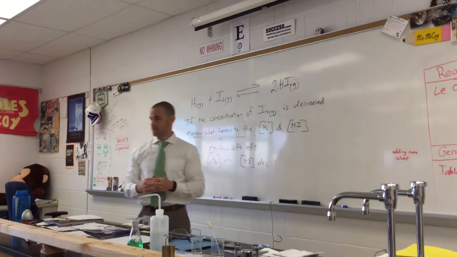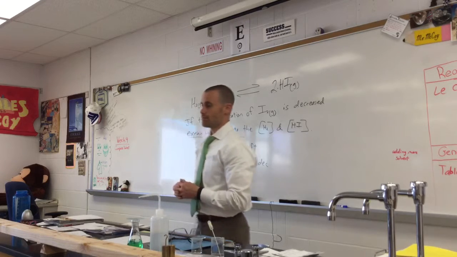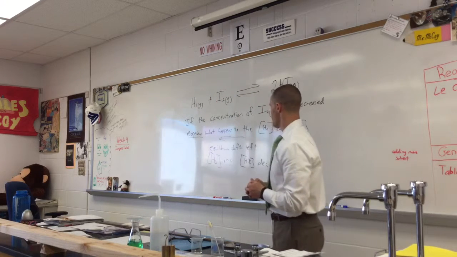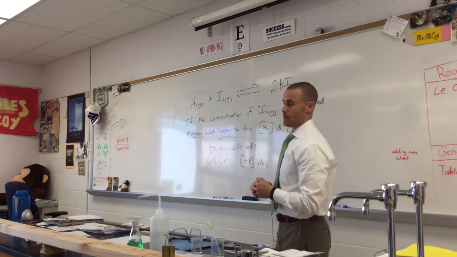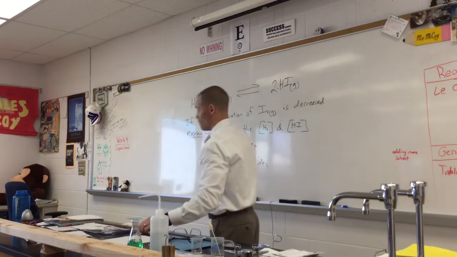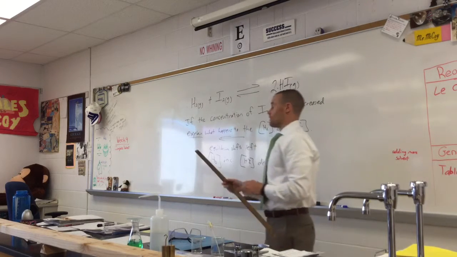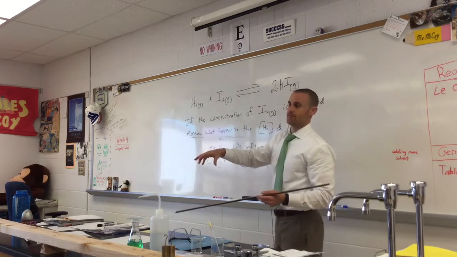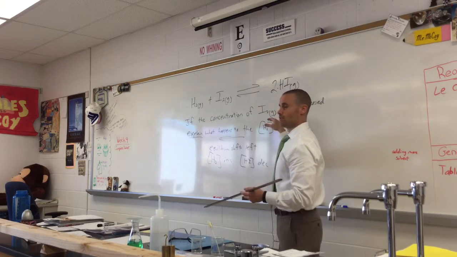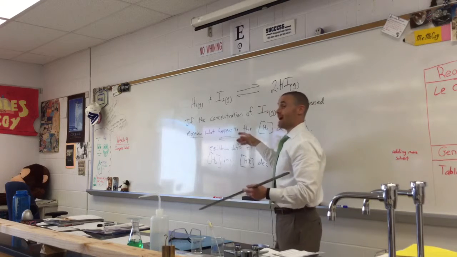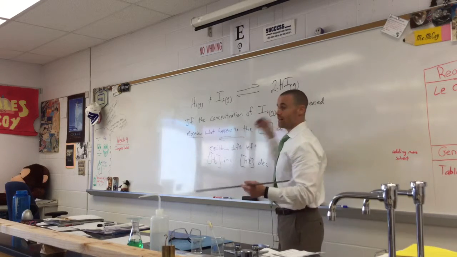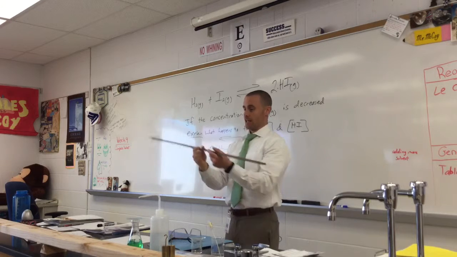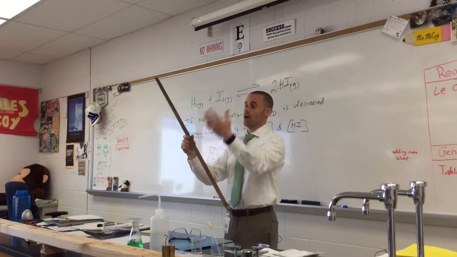Questions? Yes? Are we supposed to write what happens when we take I away, or what needs to happen? Good question. I know exactly what you're asking. You're answering the aftermath. So we take the I away, it gets all screwed up, then what happens?